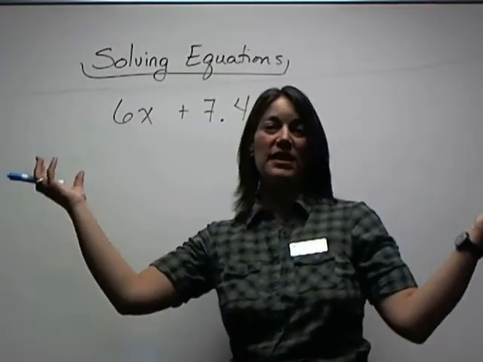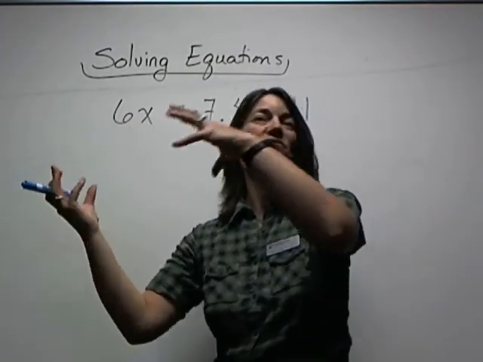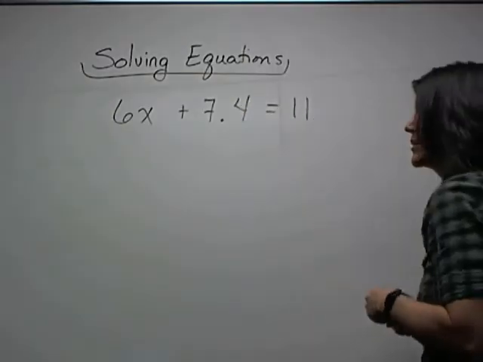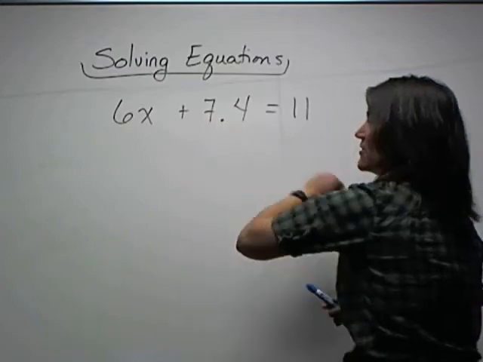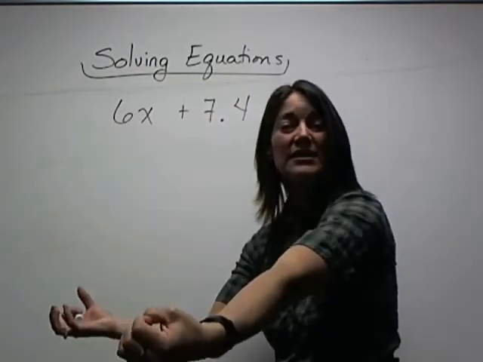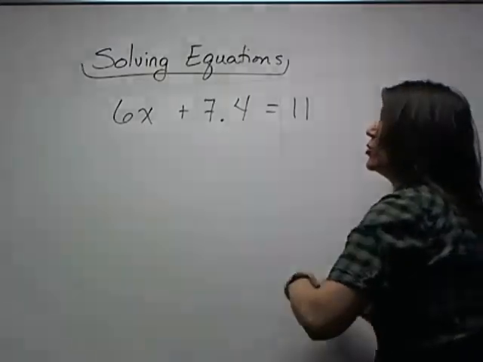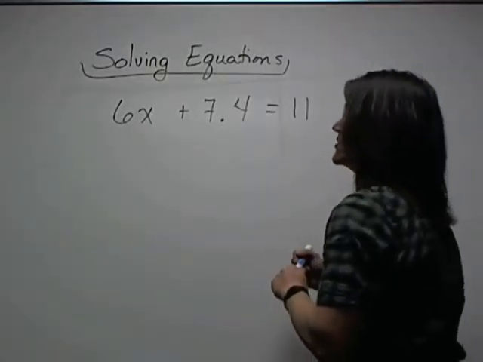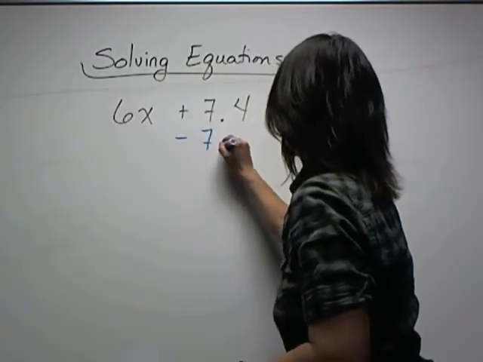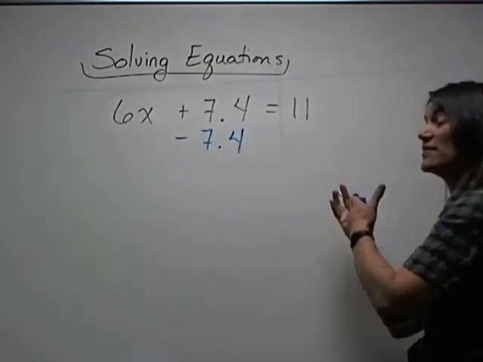Now they're on opposite sides of the equal sign right now, so we have to do an inverse operation to cancel it out or to move it on over. Since I'm adding 7.4, to get rid of it, I would take it off or subtract. Well, if I subtract on one side, I have to do the same thing to the other side. So I'm going to subtract 7.4 and do the same thing on the other side.